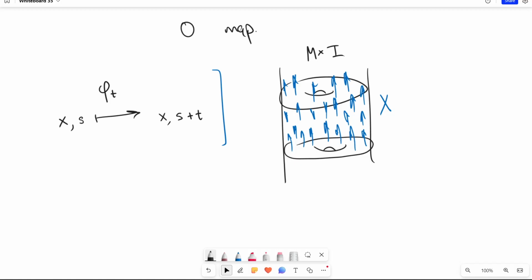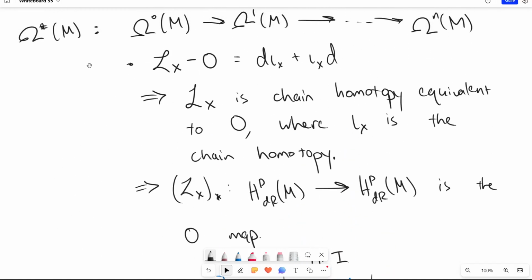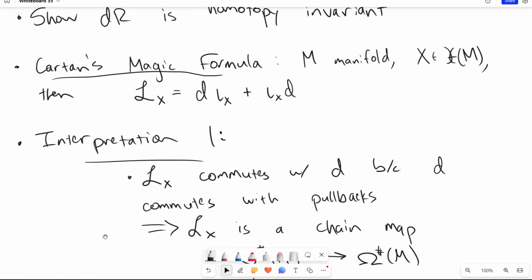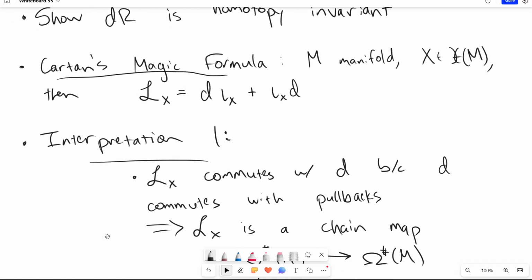And so that's the sort of thing that Cartan's magic formula is expressing, that taking the derivative of homotopy invariance tells you that the flow, it tells you that the Lie derivative is the 0 map on cohomology.